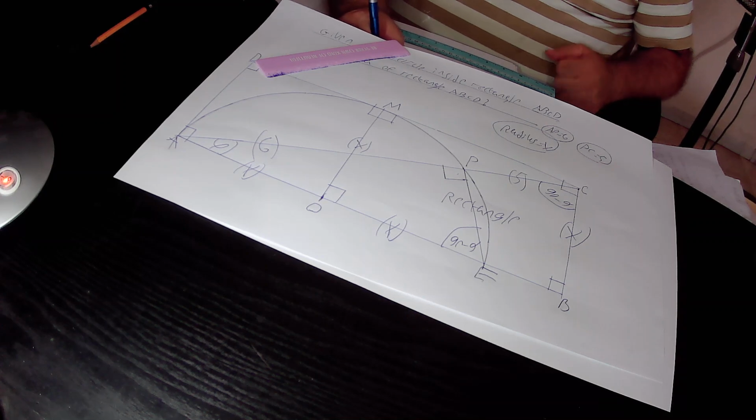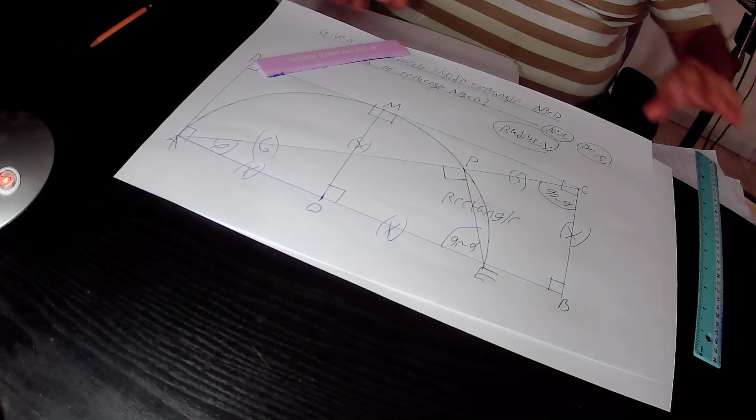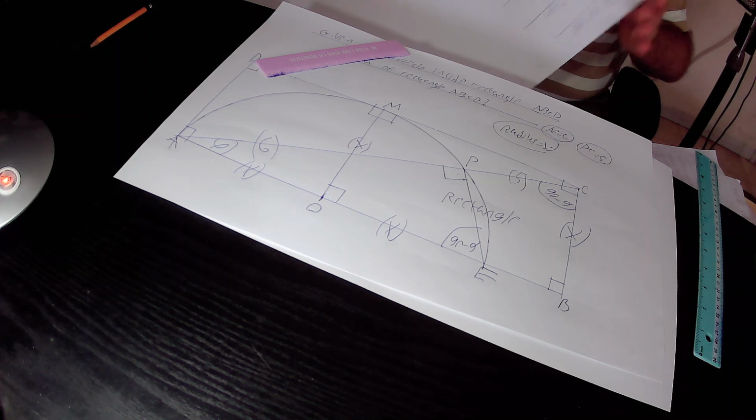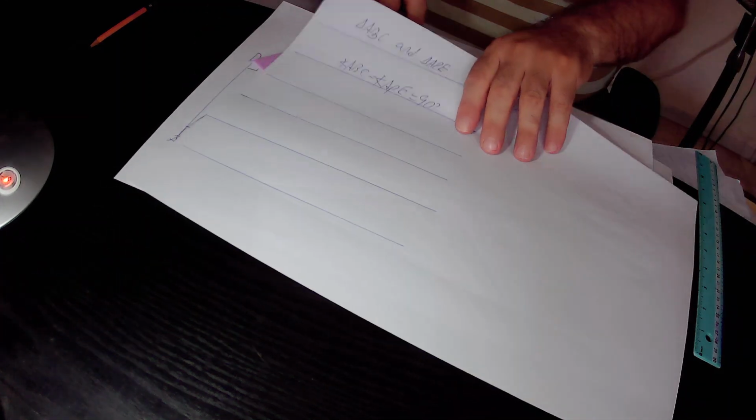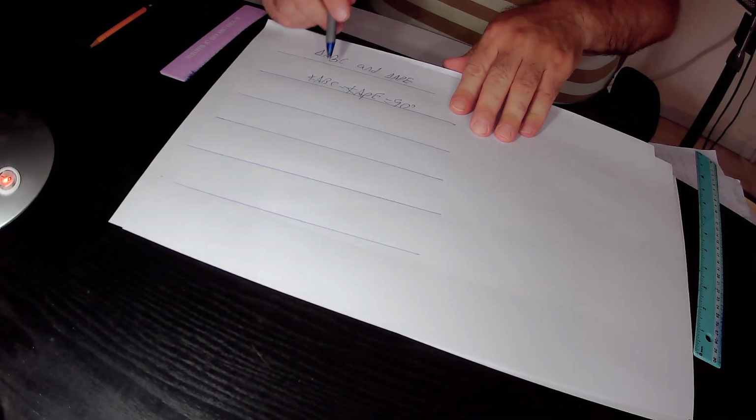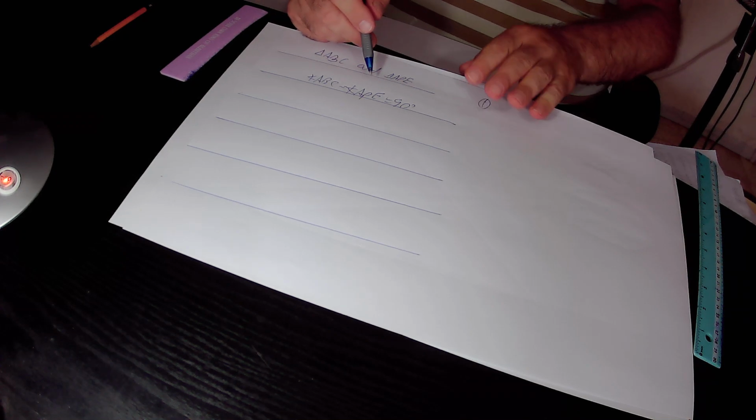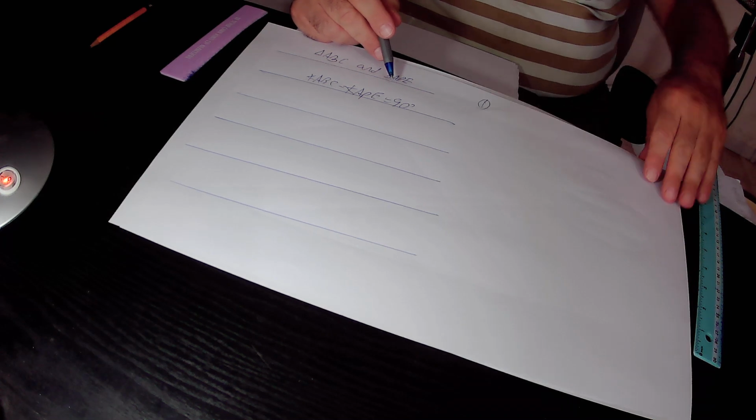So repeat again, we shall find out that angle ABC in the right triangle ABC equals angle APE in the right triangle APE. They are both equal to 90 degrees, and therefore they are equal to each other.